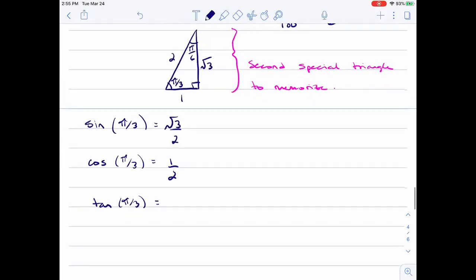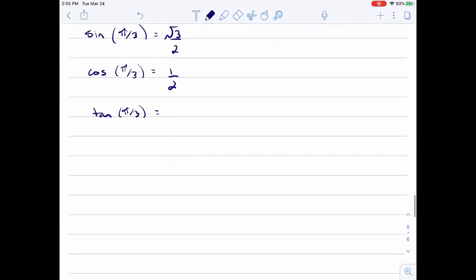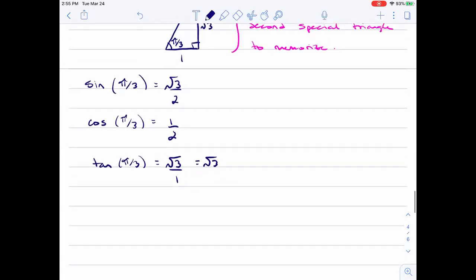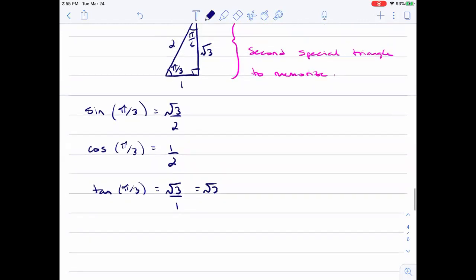So the tangent of pi over 3 is opposite over adjacent, root 3 over 1, which is just root 3. And so these all confirm the values in the table.